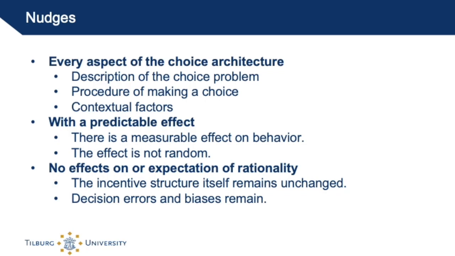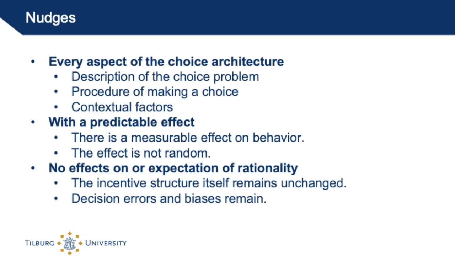What does that mean? The incentive structure itself remains unchanged. So the choice problem stays the same, and I'm not suddenly just offering you money to make the right choice, but I'm changing subtle things about the way that the choice is set up without changing what is the good thing or the right thing for me to do, such that my choice will be different.